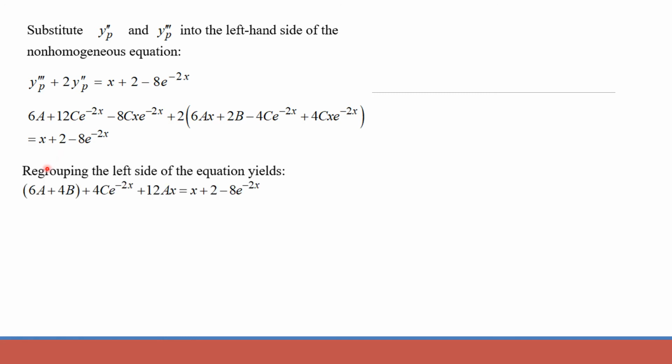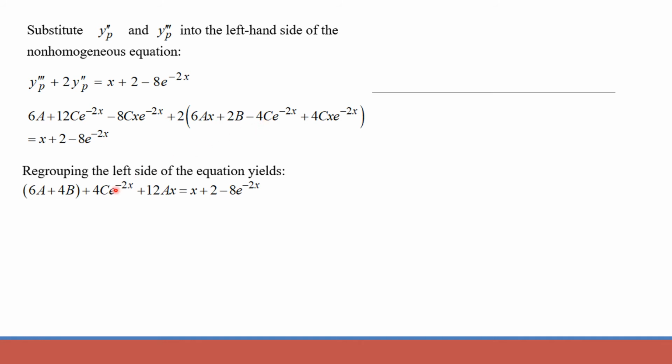Now regroup the left side of the equation. So you collect all the terms which are just constants. We have 6a plus 4b. So these are the terms which are regarded as constant terms. And then we have 12ce to the minus 2x minus 8ce to the minus 2x.